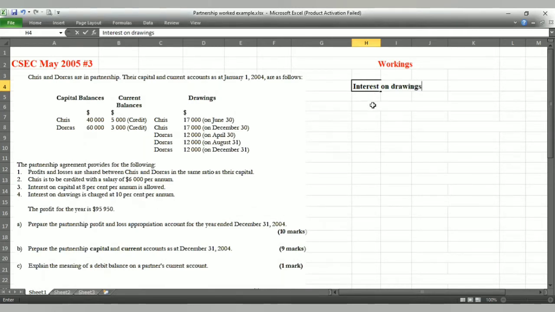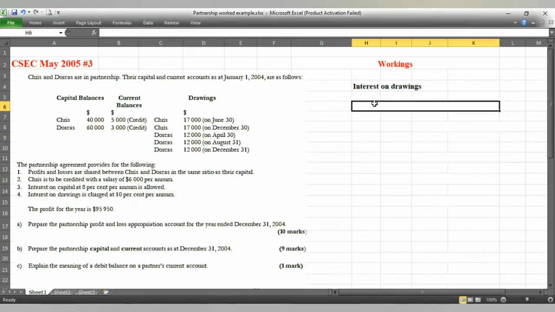Remember, the interest on drawings takes into account the partner's drawings. So the formula is partner's drawings. It takes into account the rate, so we multiply the drawings by the rate. And the timing is important: how long for that accounting period they had taken the drawings.